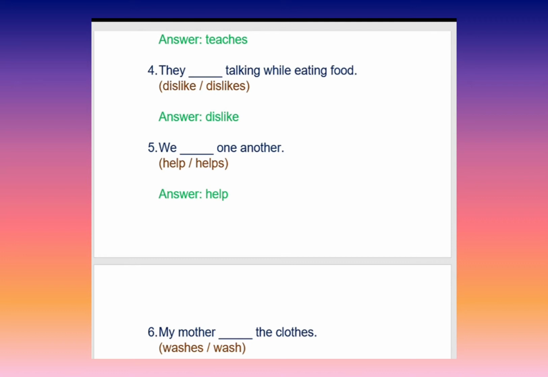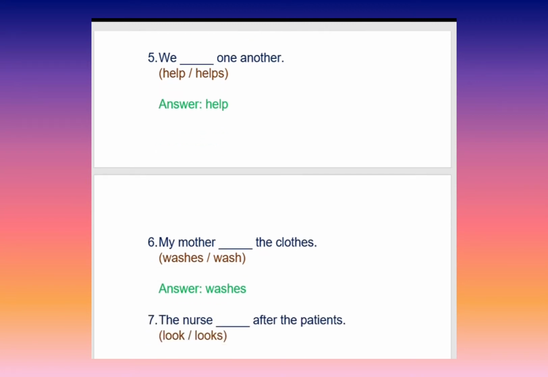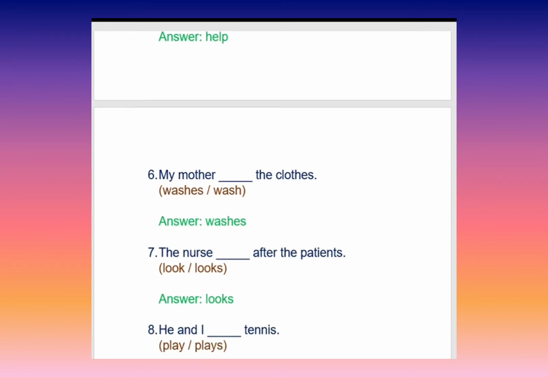The correct verb here is washes. Then number 7, the nurse dash after the patients. The correct verb is looks. Then the last sentence is number 8, he and I dash tennis. The correct verb here is play.